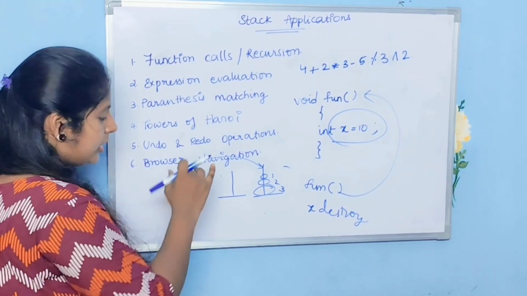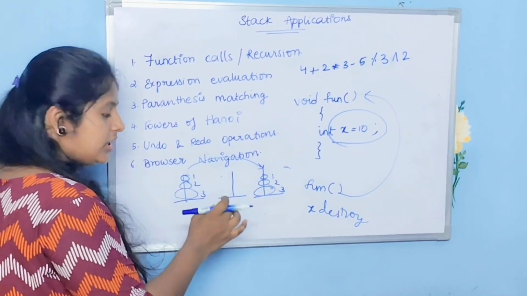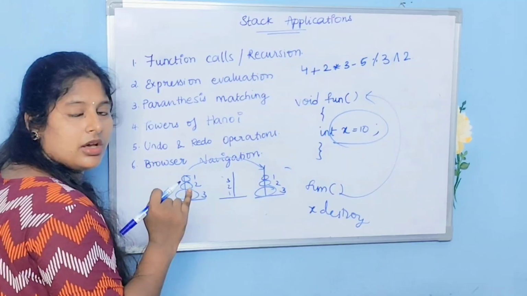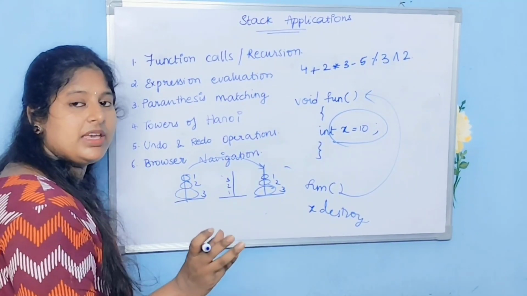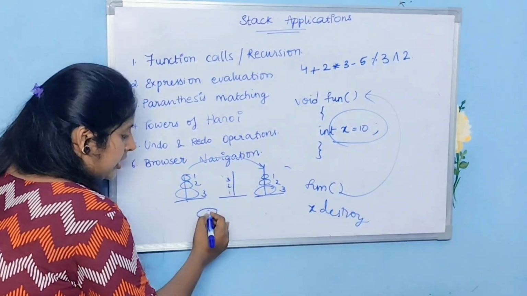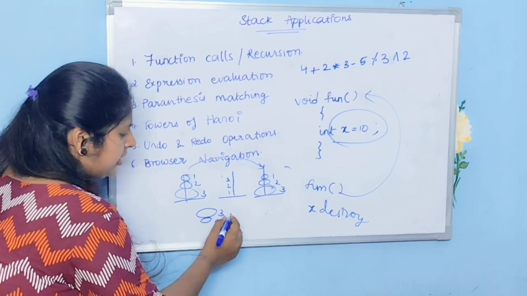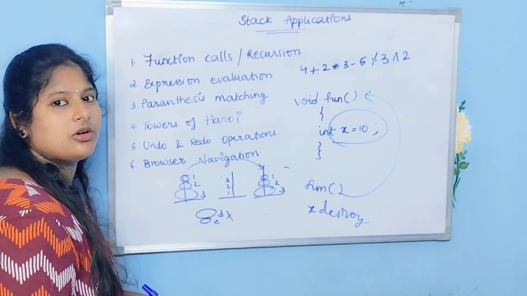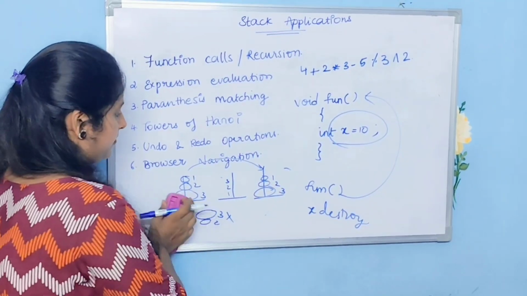No order changing is allowed. It should not be like 1, 2, 3. It should be in 3 to 1 order only. You cannot place the biggest ring on the smallest ring. There are a few rules like that. So with the help of stack only, we'll perform the rules.